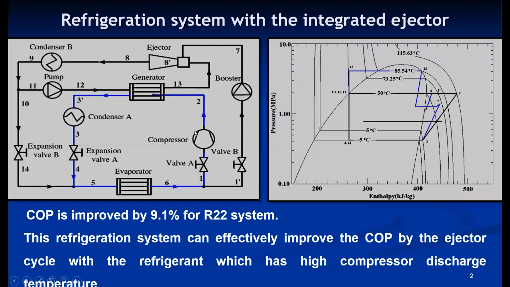High discharge temperature refrigerants like 410A are refrigerants where the discharge temperature is close to 120, 130 degrees Celsius. Such a high temperature we can utilize to generate the primary fluid. So this is how the refrigeration system with integrated ejector works.